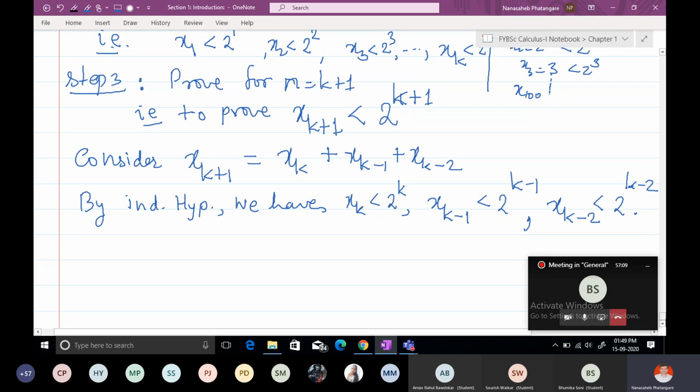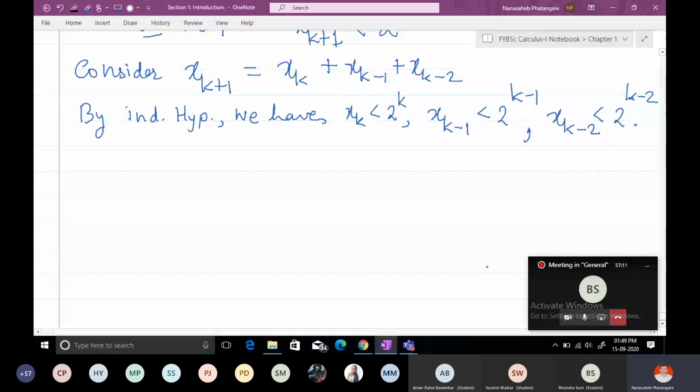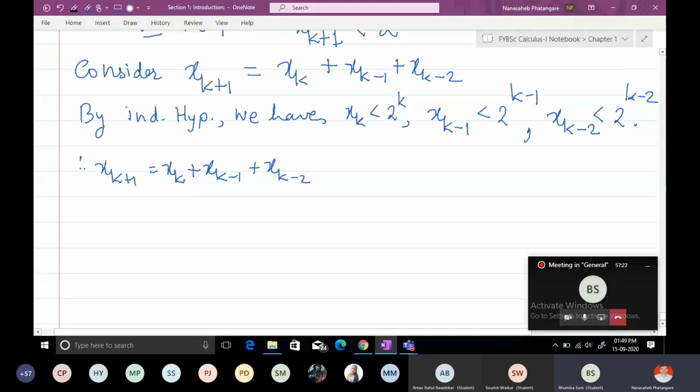Now think about xk plus 1. Therefore, xk plus 1, which is xk plus xk minus 1 plus xk minus 2. Now I will replace xk by 2 raised to k, I will replace xk minus 1 by 2 raised to k minus 1, and I will replace xk minus 2 by 2 raised to k minus 2.